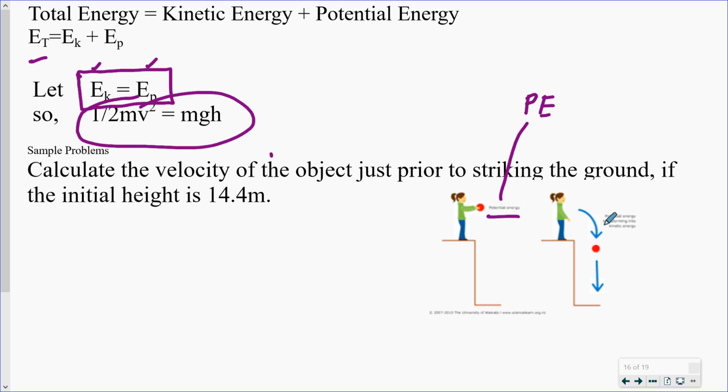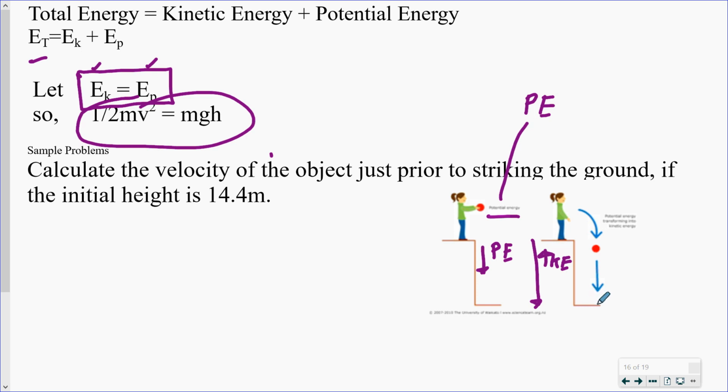When she drops the ball, as the ball gets lower and lower, there is less and less potential energy. As she drops the ball, it's accelerating, it's going faster and faster, so there's more and more kinetic energy. So as the ball goes in this direction, the potential energy is going to go down. The kinetic energy is going to go up.